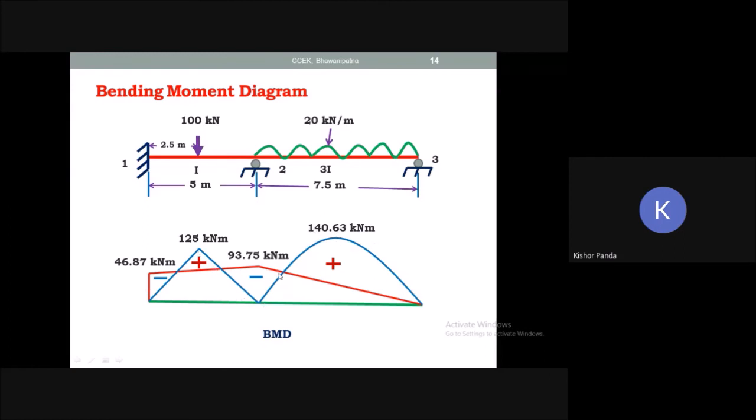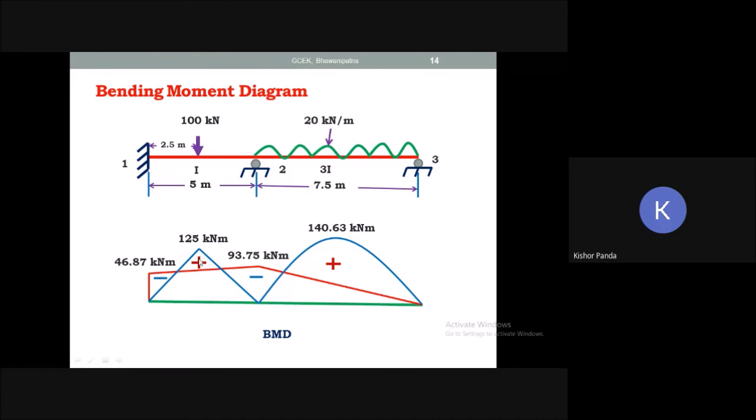This is positive moment diagram, and this is negative moment diagram. Then this portion cancels each other, the positive and negative, and here this portion cancels each other, and the remaining portion, this is negative, this is positive, this is negative, and this is positive. So this is the final bending moment diagram of the continuous beam.